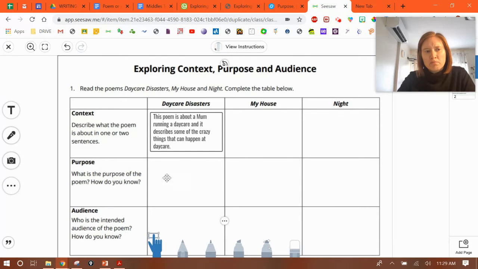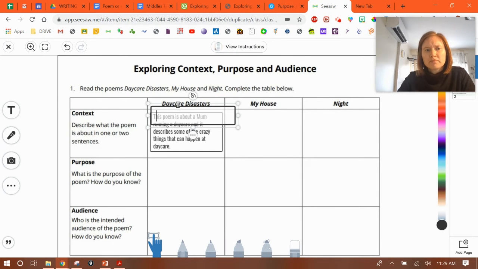So I think the purpose of this poem is to show how crazy it is running a daycare, but also how amazing her mum is for running it. You can get the sense that this girl is proud of her mum and the work that she does.